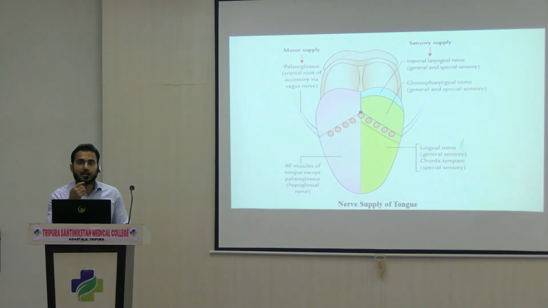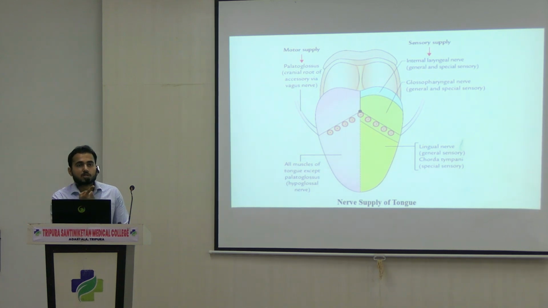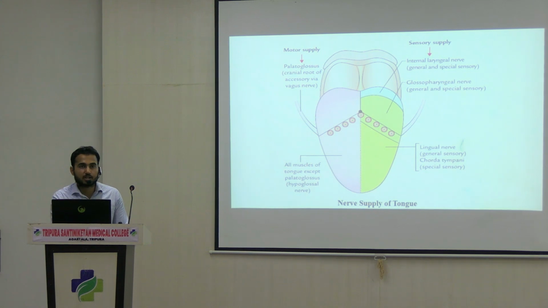I have written the points also, how to segregate the nerve supply. In case of nerve supply of the tongue, directly you can't write that tongue is supplied by this nerve. You have to segregate things. For example, motor supply is there, that means the nerve which is supplying the muscles of the tongue.